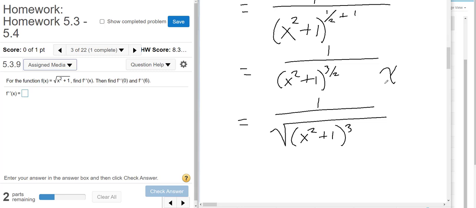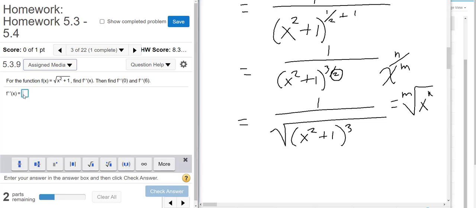That's a property in algebra that x to the n over m is the m-th root of x to the n. So whatever the root is goes here. Well, that's a square root. That's this denominator. And whatever this upper part is, that's your exponent. It goes here.